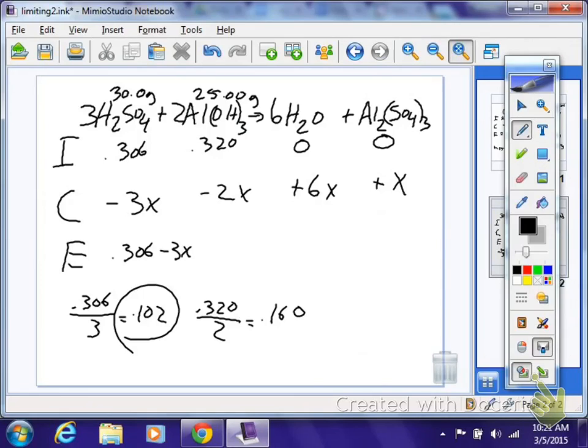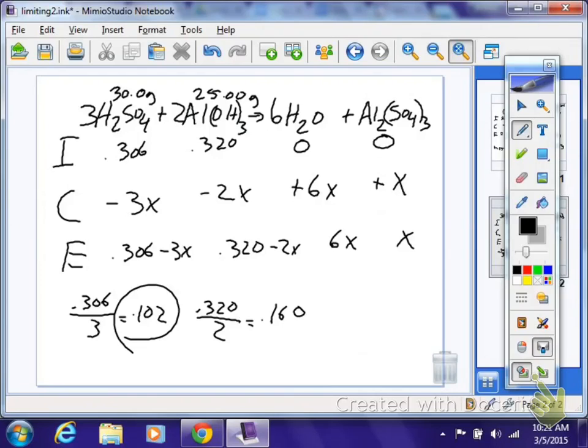We've already answered that one, H2SO4. There's another 2 points. You're going to have to find out how much is in excess in grams. This one's a little different because you've got to take it a little bit further than the last one. And how much product is made in grams.